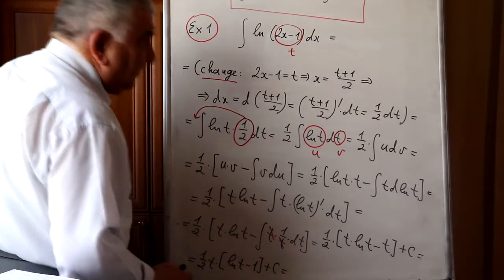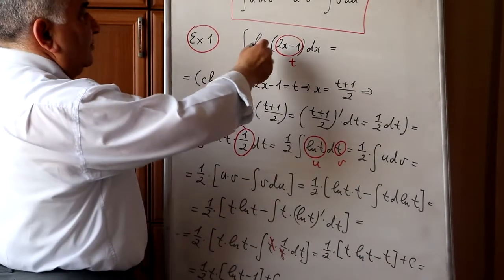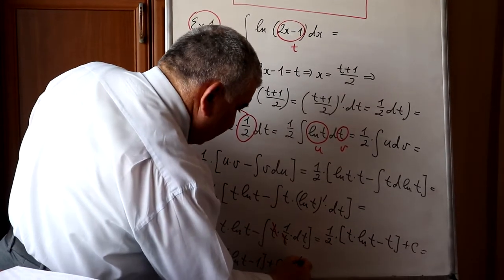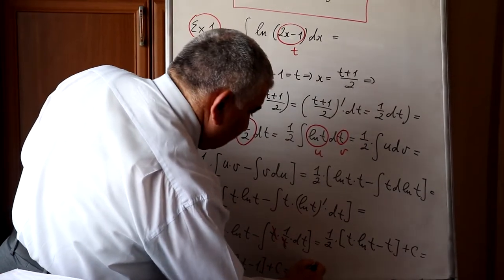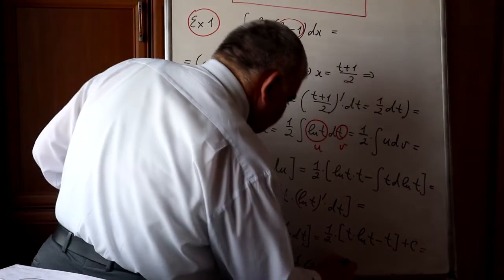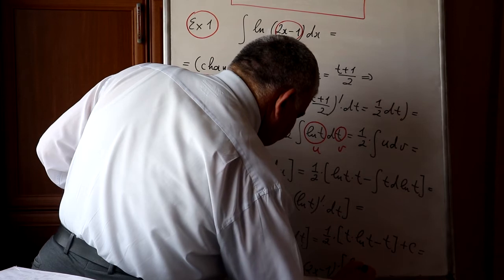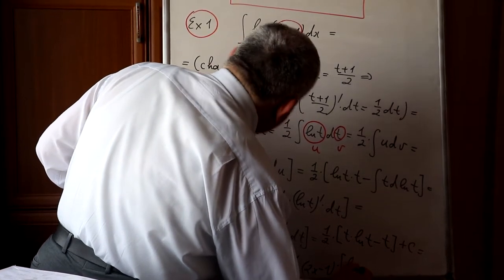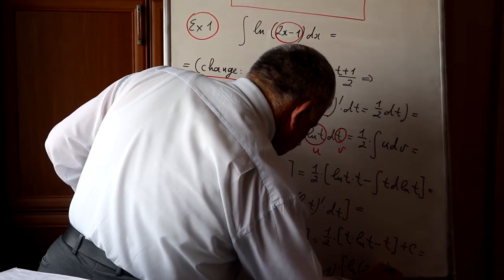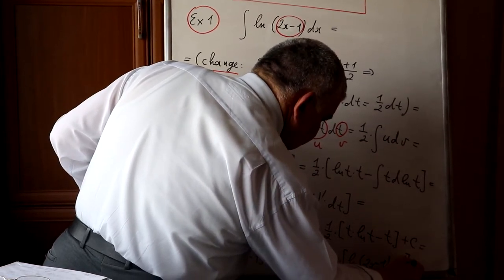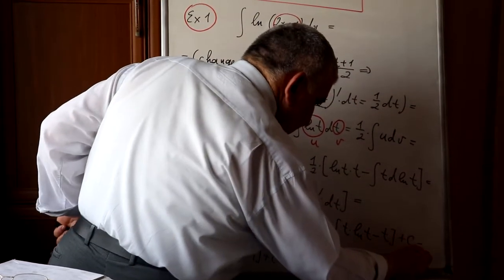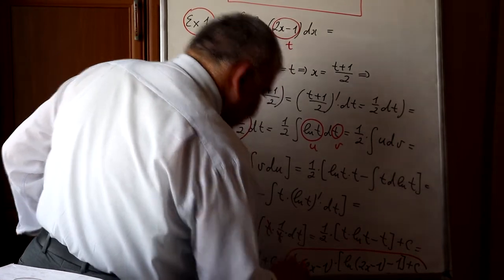Then substitute 2x minus 1 instead of t. 1 second multiplied by 2x minus 1 multiplied by natural logarithm of 2x minus 1, then minus 1 and plus c. It is the answer of our first example.